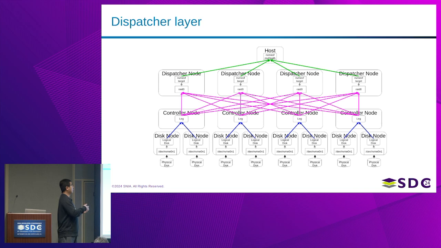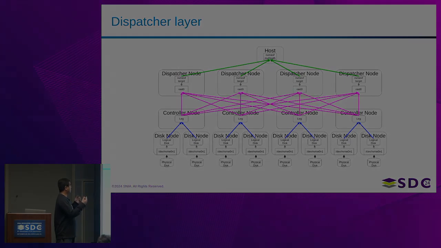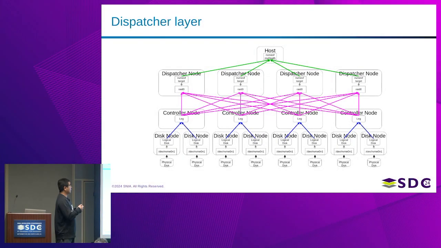We just create them on different dispatcher nodes, and we export all these RAID 0 to the host. From the host view, it just connects to multiple active controllers, and it can dispatch the requests across all these paths, and the requests are distributed to the different servers. So the dispatcher node works like a load balancer.